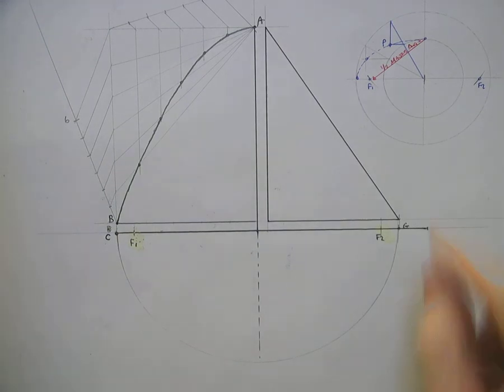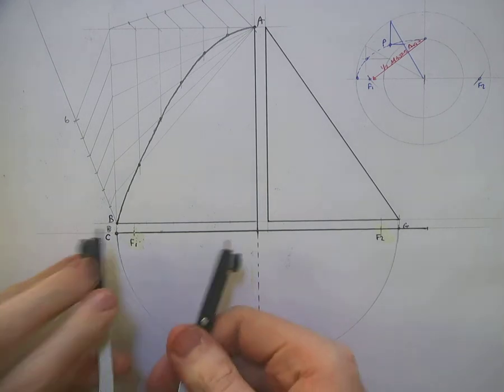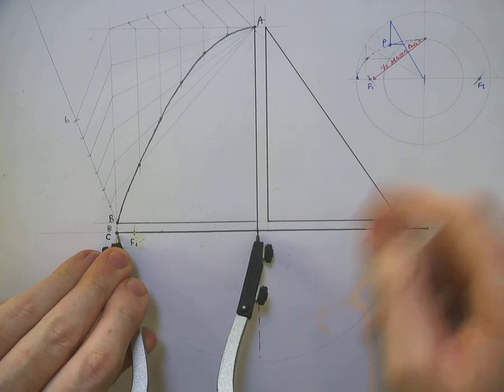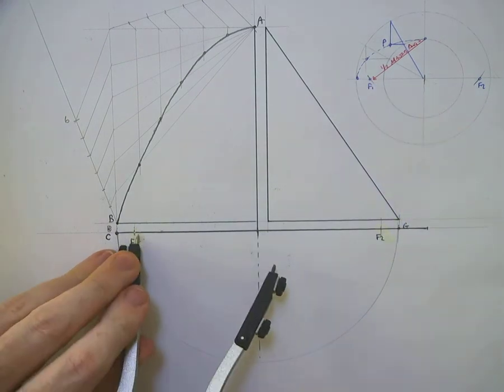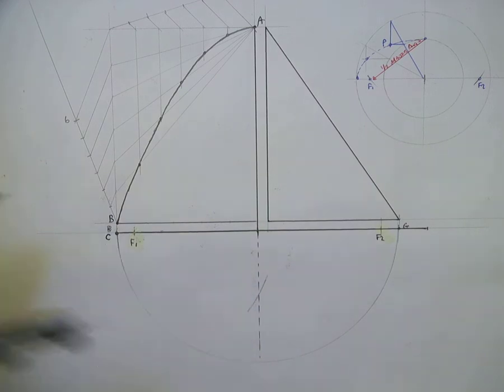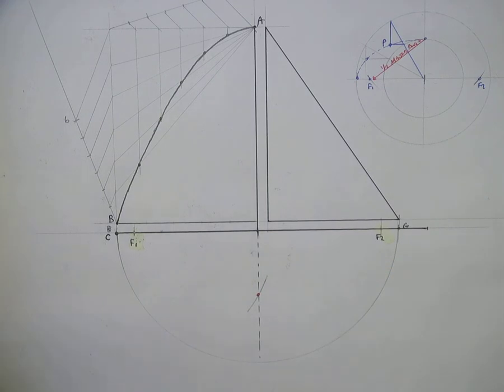So I'm going to use this theory now to help me solve the minor axis. So what I'm going to do is get half the major axis, right? And looking at this, if I go to F1 now and swing the arc, where the arc crosses here will give me my minor axis.